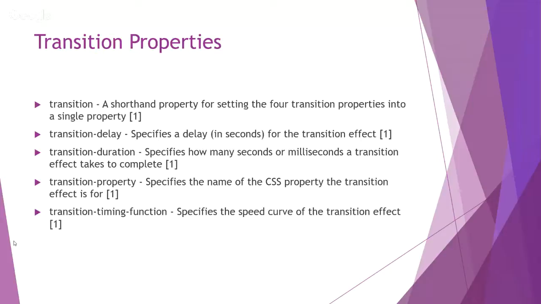There's the transition-property, which specifies the name of the CSS property the transition effect is for. And then there's the transition-timing-function, which specifies the speed curve of the transition effect, whether it's fast at the start, slows down in the middle, and fast at the end, or what have you. There's a few presets, and you can also create your own function.